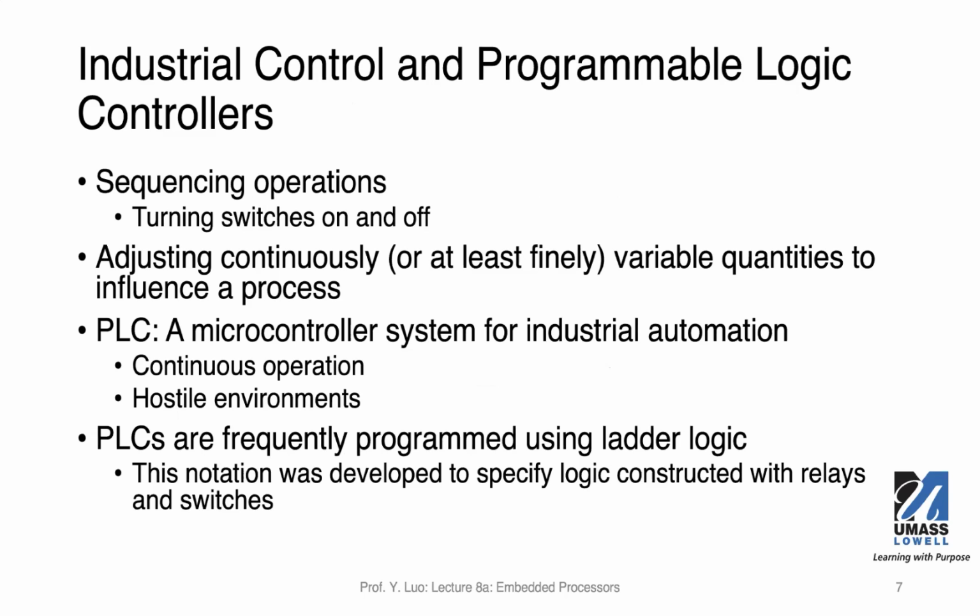So in a manufacturing pipeline, you may have different valves or different devices that you want to turn on and off in a sequence, and you will need to use this type of machinery or physical system to change the quantities of actuators, or based on the sensory input, you want to affect the process of the manufacturing pipeline or platform.